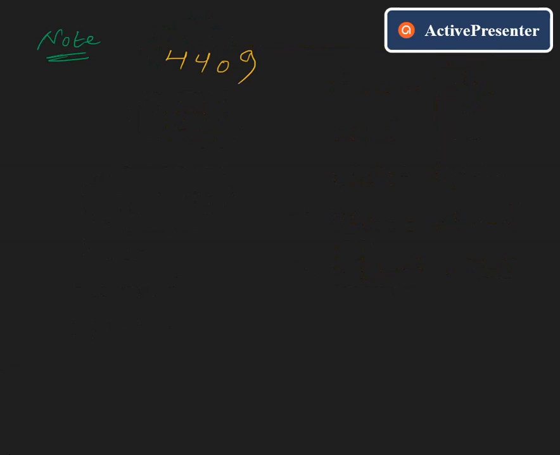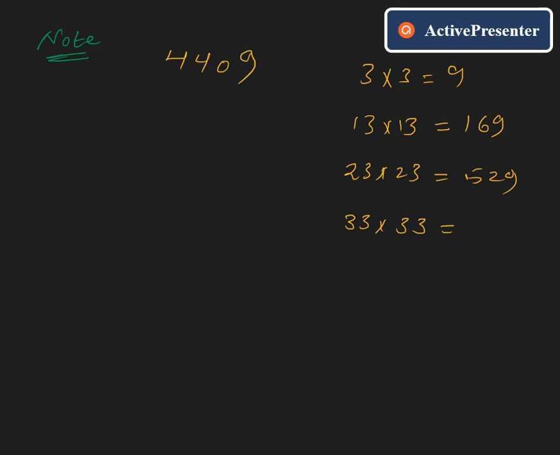If a question comes to you, is this a perfect square or not? We know that this 9 can come from 3 multiplied in 3. Okay, so you add right now. 3 multiplied in 3 is 9, right? And 13 multiplied in 13 is 169. And 23 multiplied in 23 is 529. And 33 multiplied in 33 is 1089.